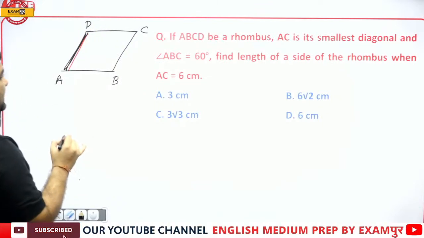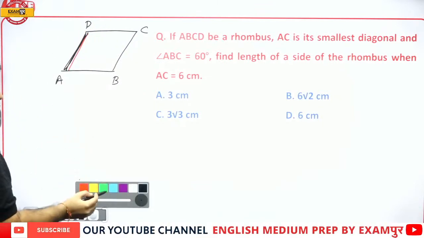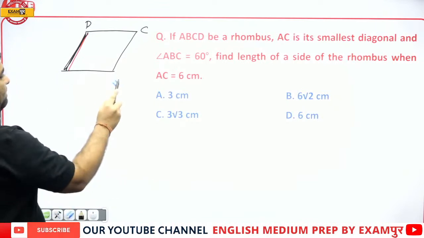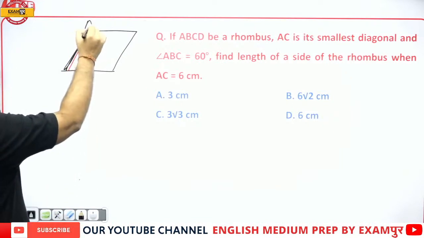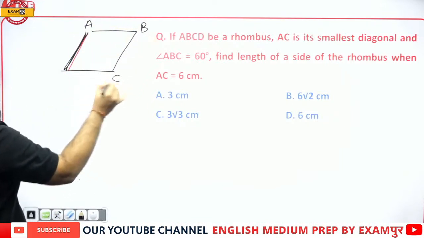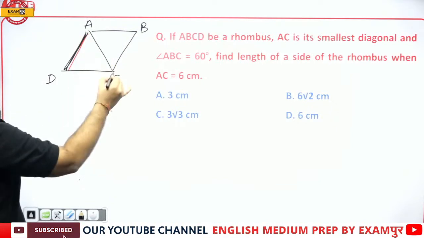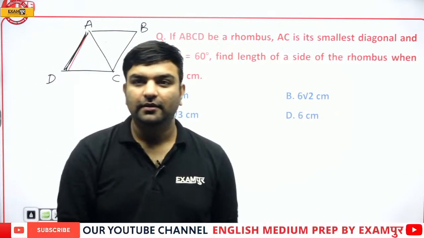ABCD is a rhombus, AC is the smallest diagonal, so draw the figure again so that AC becomes the smallest diagonal. Be very, very cautious about whatever is being said, guys.